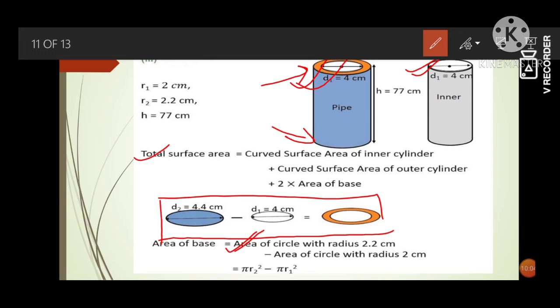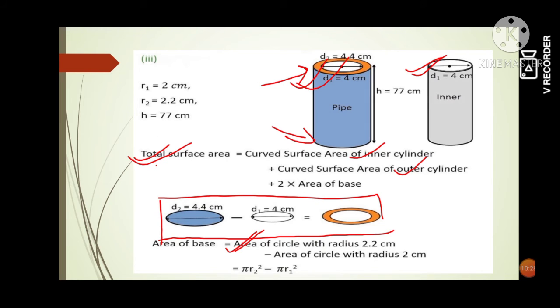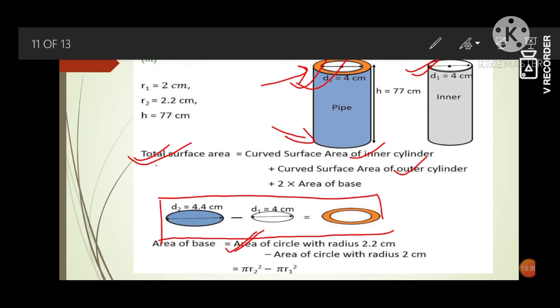So this we have to find separately, as we have already found the curved surface area of the inner cylinder and the curved surface area of the outer cylinder from subpart 1 and 2. Only here we have to find the area of the base, and then we will substitute in this equation. So pi r2 square minus r1 square. If we take pi common, we can write pi in bracket r2 square minus r1 square, and let us substitute the values.